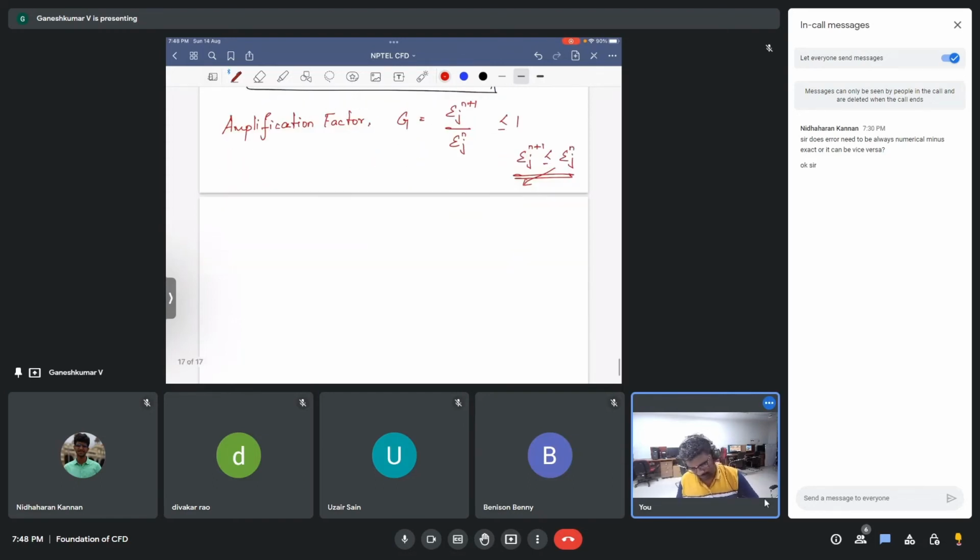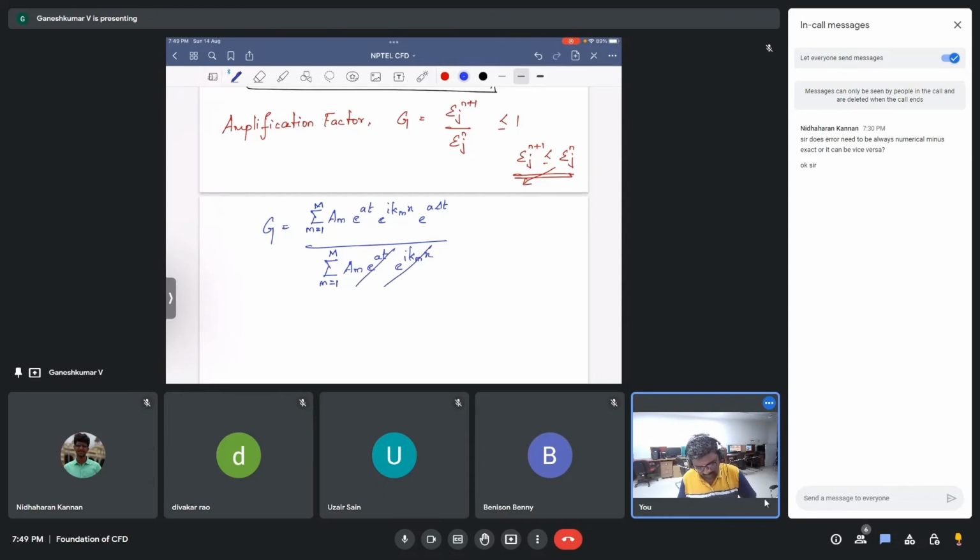If we substitute that error representation here, a Fourier series representation, it would be summation m equal to 1 to M of a_m e^(a(t+Δt)) e^(i k_m x) divided by summation m equal to 1 to M of a_m e^(at) e^(i k_m x).